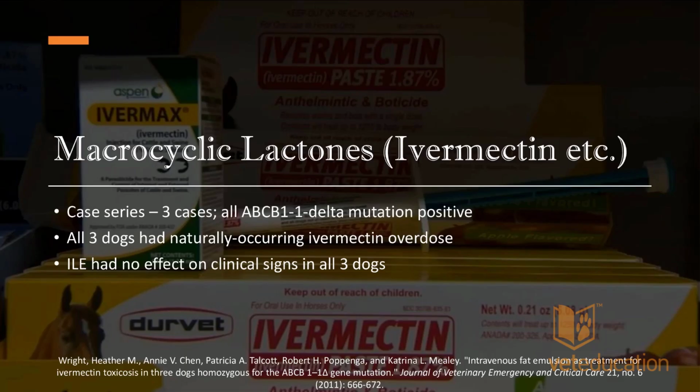So if you're ABCB1 delta mutation negative, then chances are with a macrocyclic lactone that you're probably going to have some response to intravenous lipid emulsion, but you may not have if you've got ABCB1 delta mutation positive.